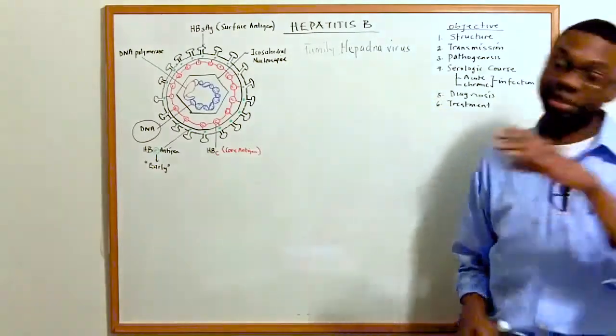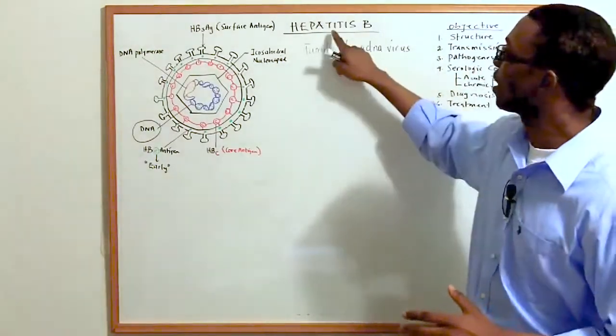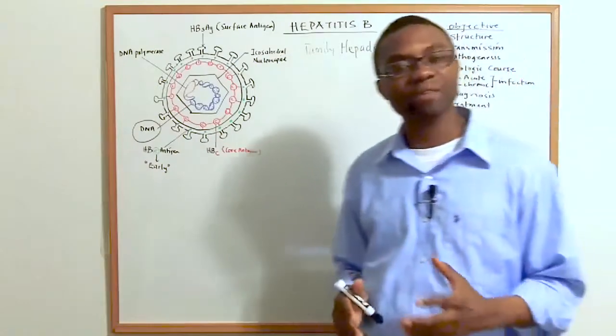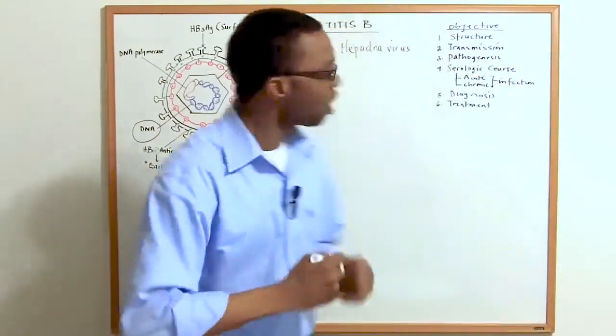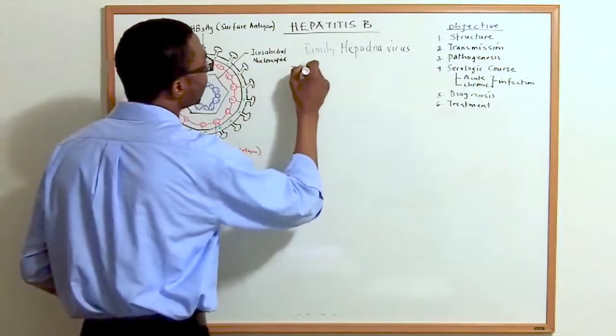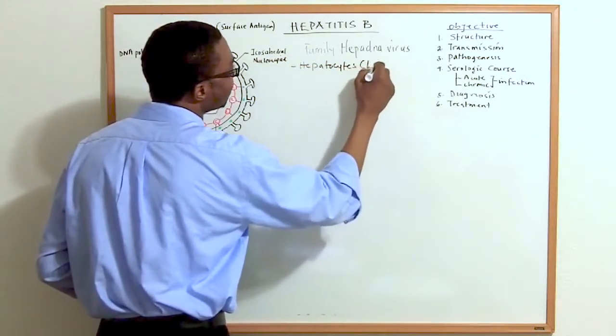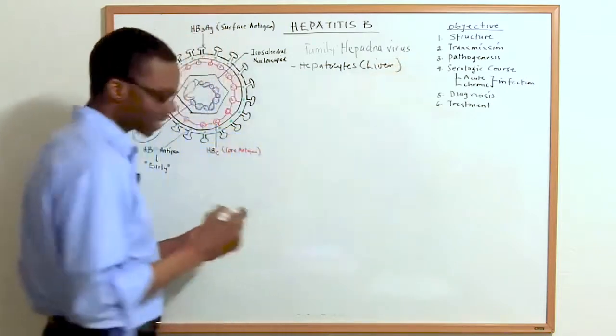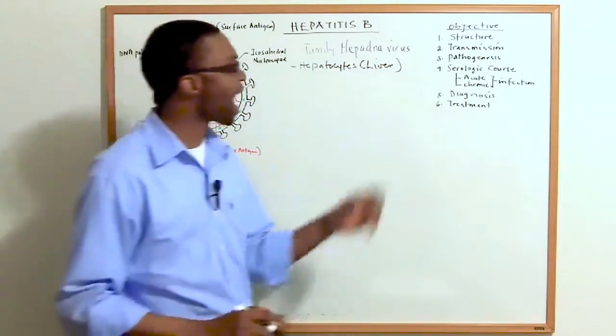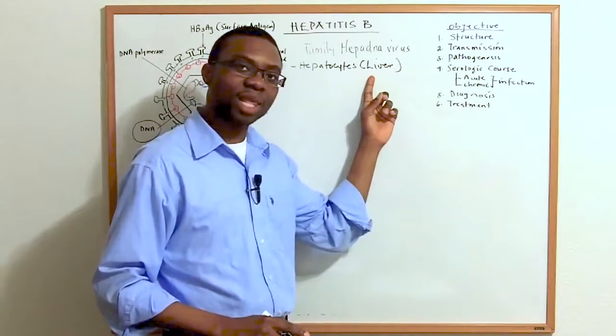Now let's look at the word hepatitis itself. Hepa means what? Hepat from the word hepatocyte. Hepatocytes. So which part of the body do you think hepatitis B loves to attack? You bet it's the liver.